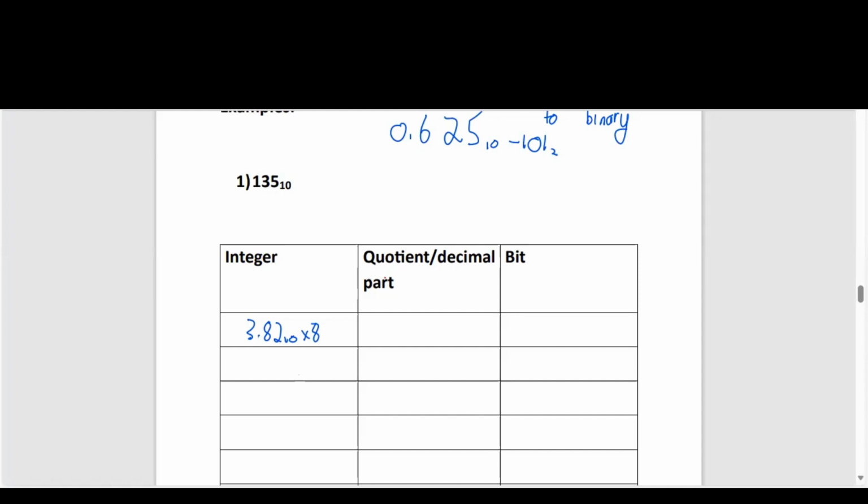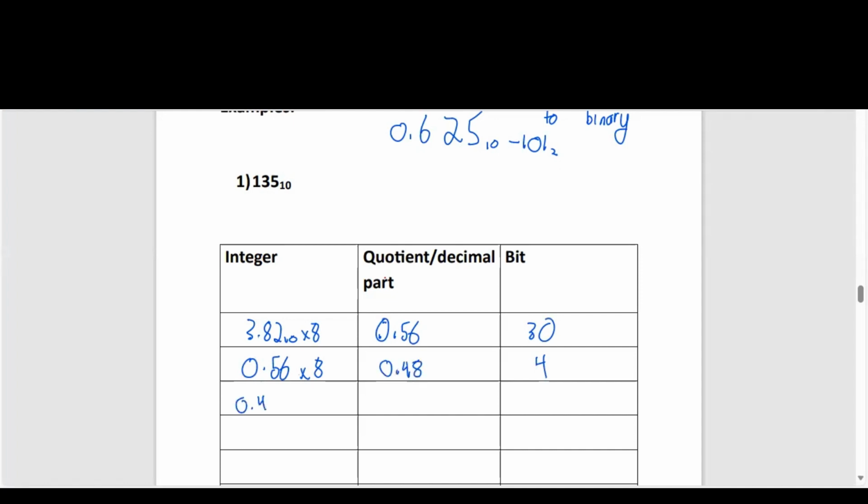So the 30 goes here and the 0.56 goes here, because we have to use that again. Then multiply by 8 again. So 0.56 multiplied by 8 is 4.48. So the 4 goes here and the 0.48 goes here.